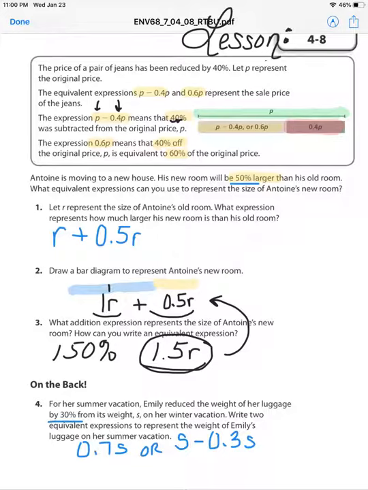Notice, again, if you put a 1 in front of this S over here, and then you combine like terms, 1 minus 0.3 is going to give us 0.7S. So you can do it the way I said, or you can do it by combining like terms. Either way, you're going to get this expression. And I don't usually keep the 1 in front of the S.